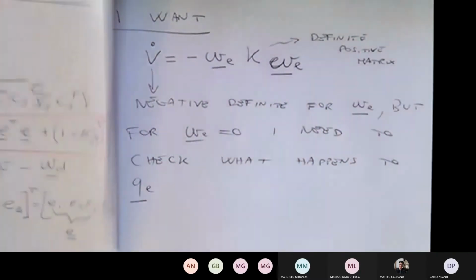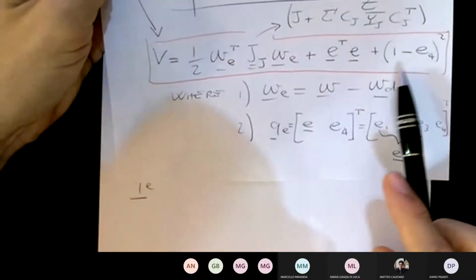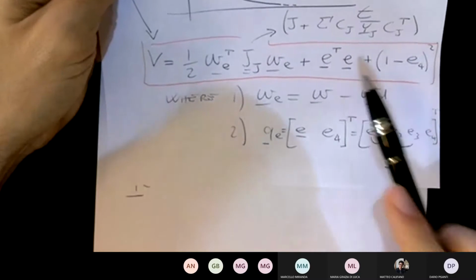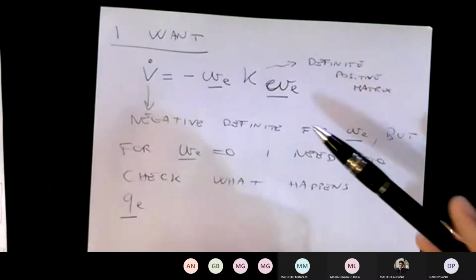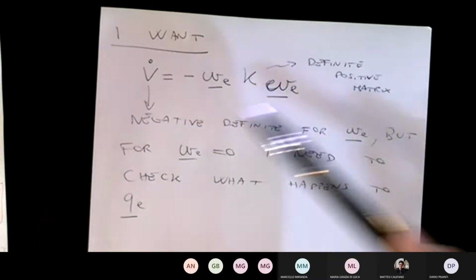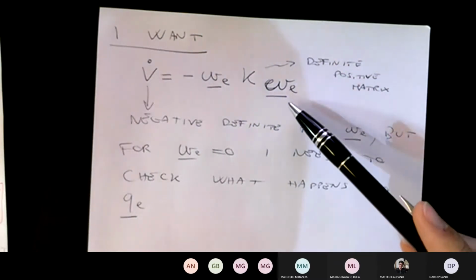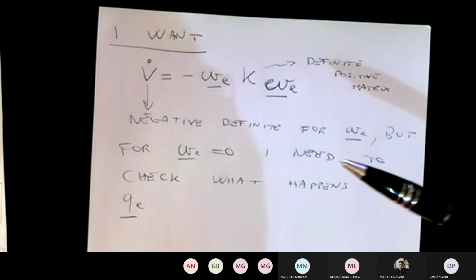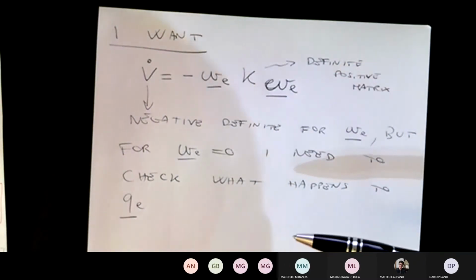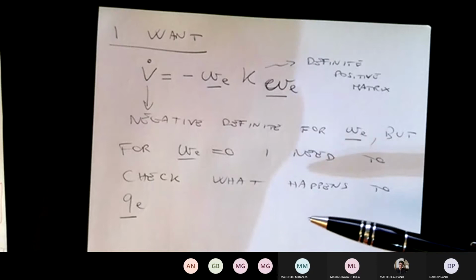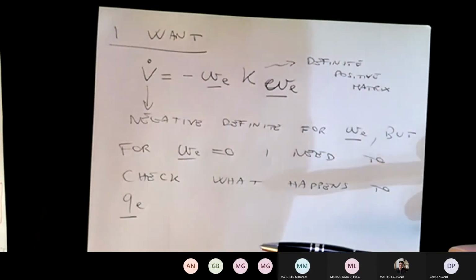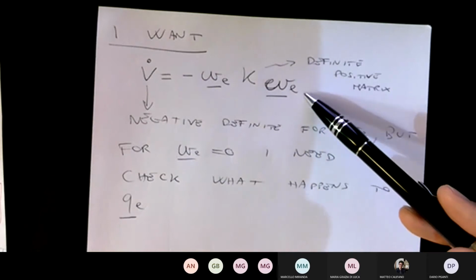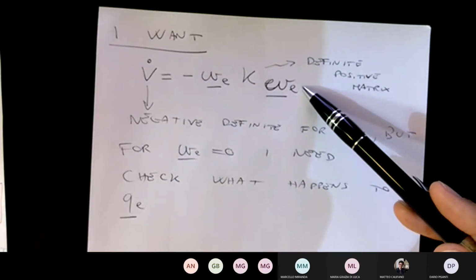I have defined the Lyapunov function that is a function of everything: the tracking error in general, the error in angular velocity, the error in orientation. And I am saying, I would like my Lyapunov function to have its time derivative doing this. And that's always good, as long as omega e is non-zero. I am satisfying the Lyapunov condition that I have a positive definite, in this case quadratic, Lyapunov function of the error, and its time derivative is negative definite.